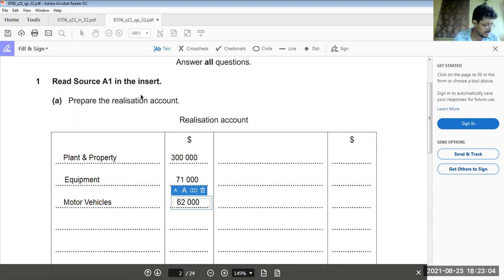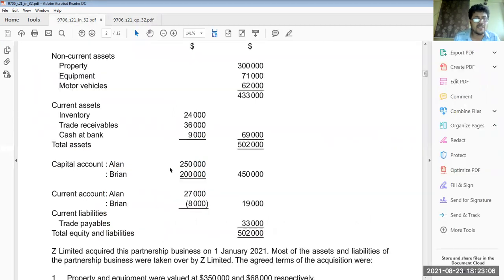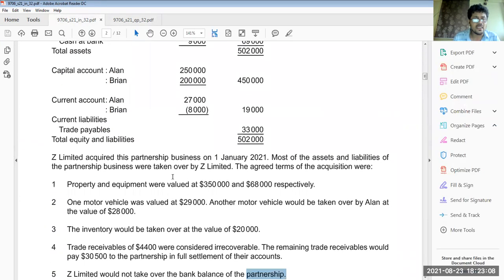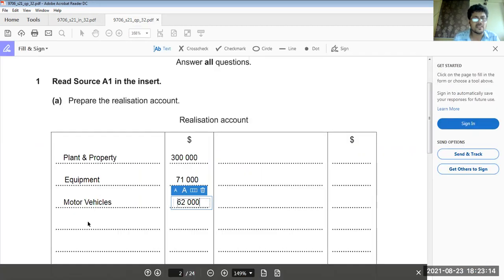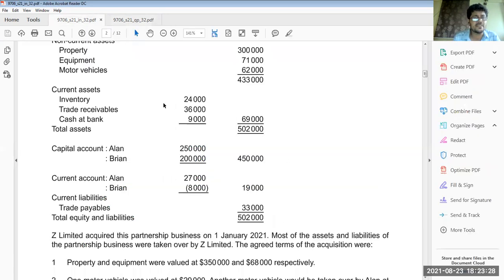Okay. Then inventory, 24,000. Okay. Now, what about other assets?